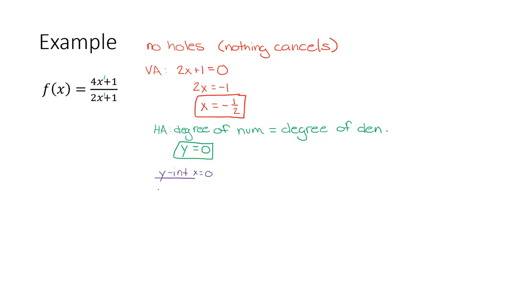So we do (4 times 0 plus 1) over (2 times 0 plus 1). The zeros cancel, and we have 1 over 1 equals 1. So there's a y-intercept in my graph at (0, 1).